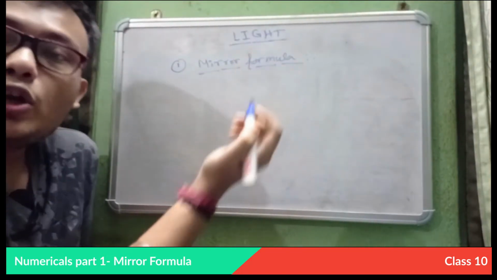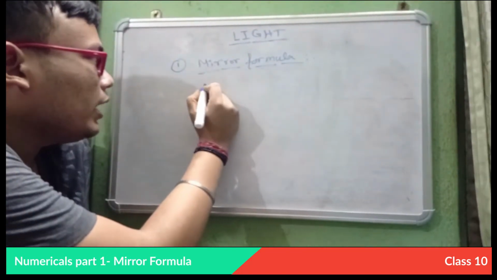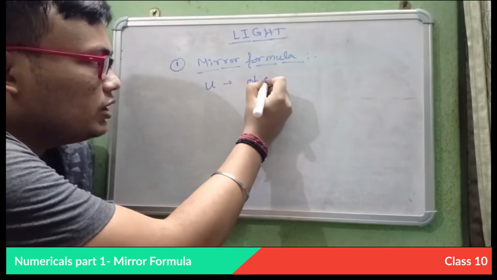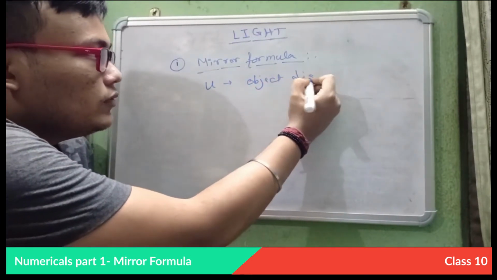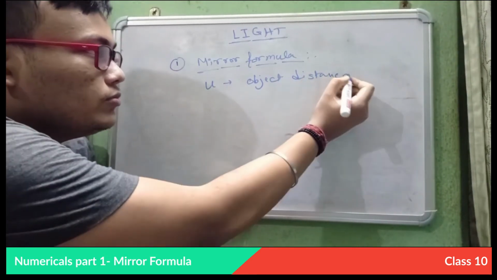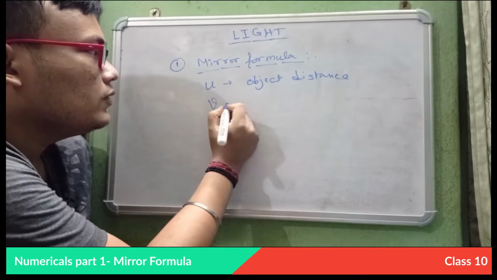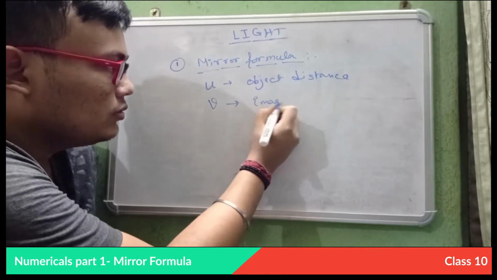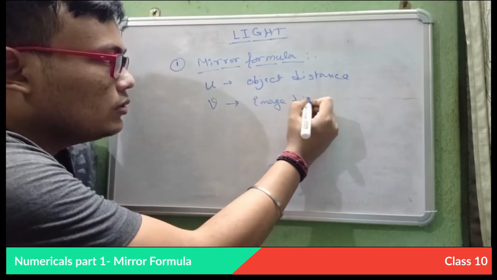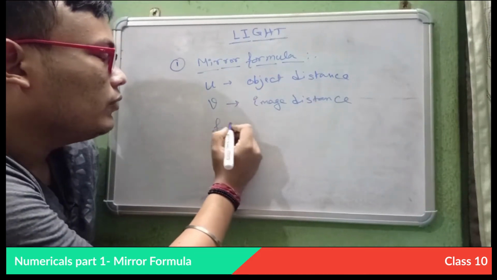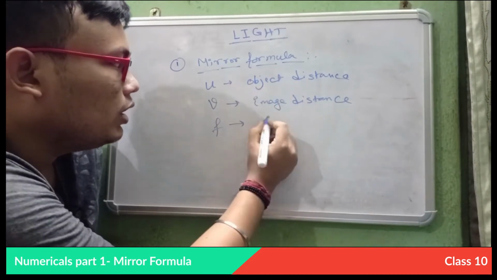So if we consider u as the object distance, we are denoting the object distance with the letter u. v stands for image distance, and with the letter f we are denoting the focal length.